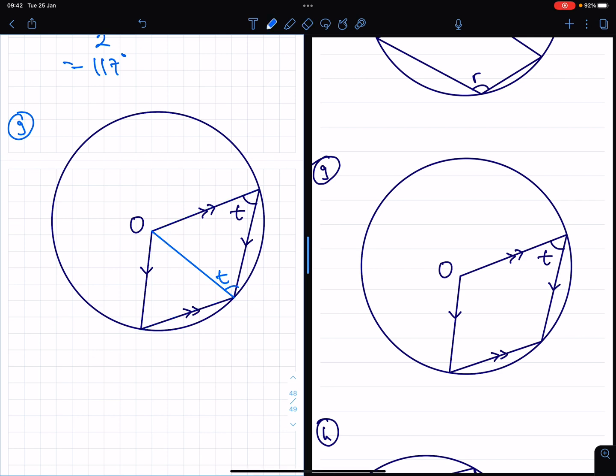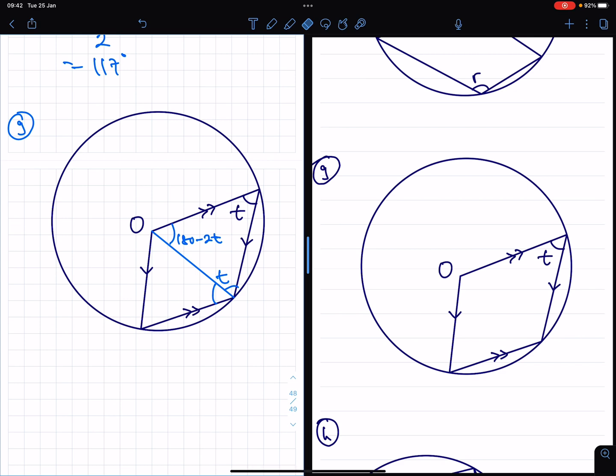Now I know that this angle and this angle are equal. This angle is going to be 180 minus 2t, because t plus this angle is 180 degrees.